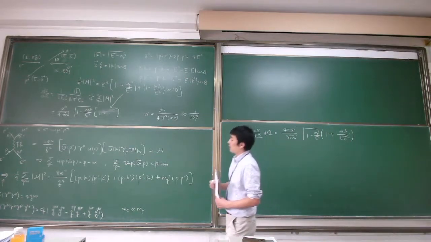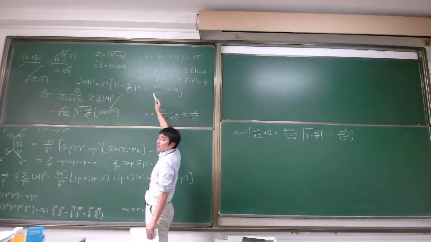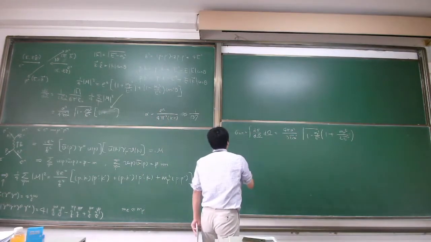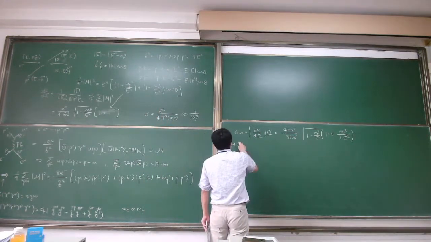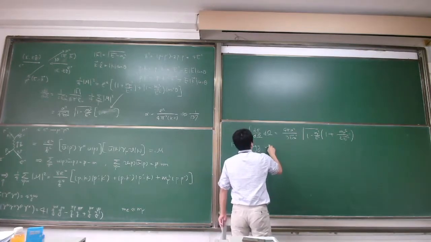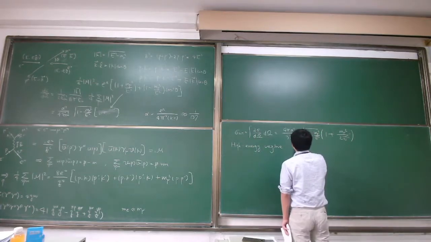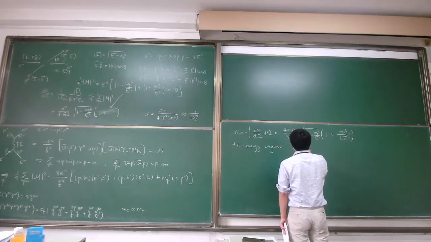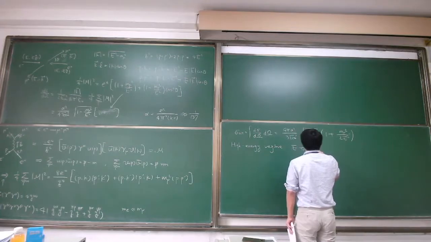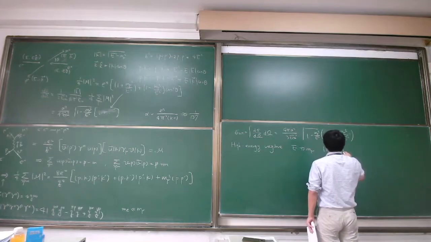If you take this expression and go to the high energy regime, high energy regime means E is much bigger than mu. Therefore, essentially mu can be taken as 0.